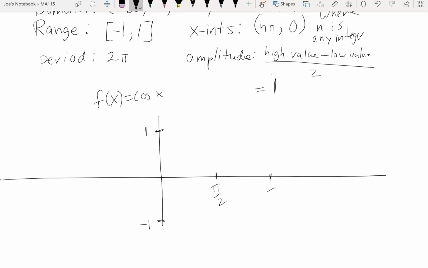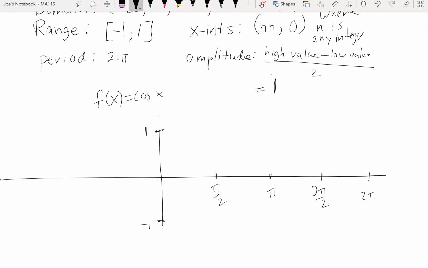Let's do pi over 2, pi, 3 pi over 2, 2 pi. All right, so certainly we know that from 0 to pi over 2, we're in quadrant 1, right? So we know we're going to be above the x-axis. But we also know, from lots of different ways we can get these values, that cosine is the co-function for sine, right?